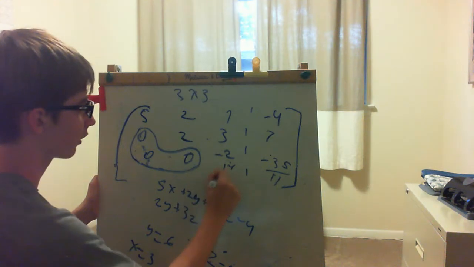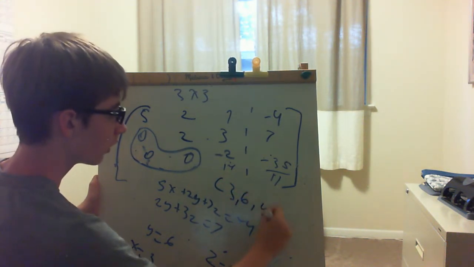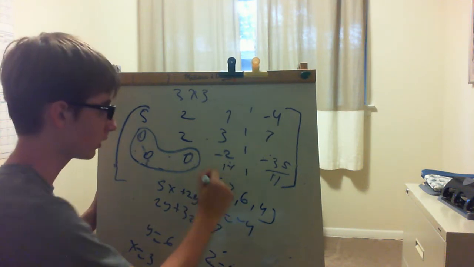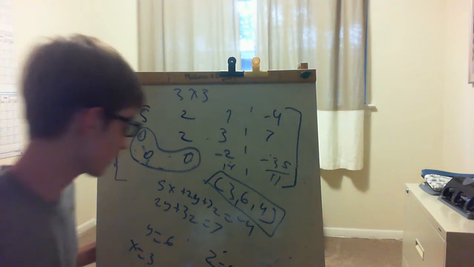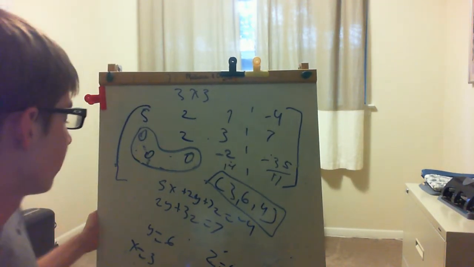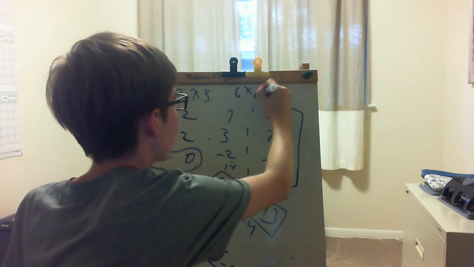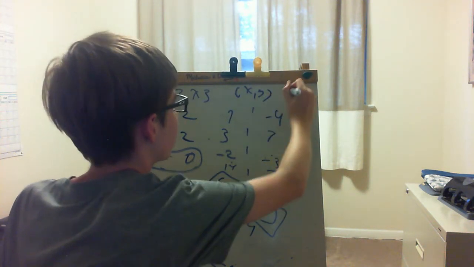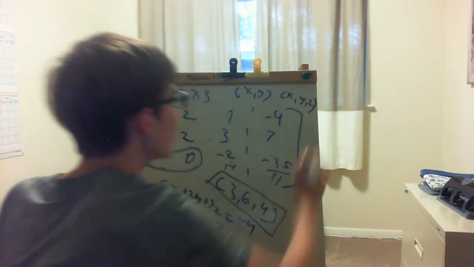And then we would write our solution as 3, 6, just like in an ordered pair, how you always write the solution as xy, but when we add the z, guess what it becomes? X, Y, Z.